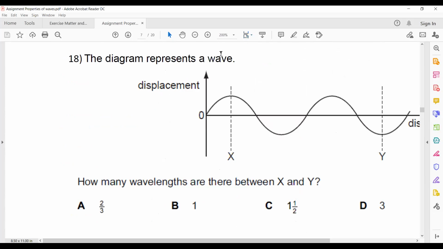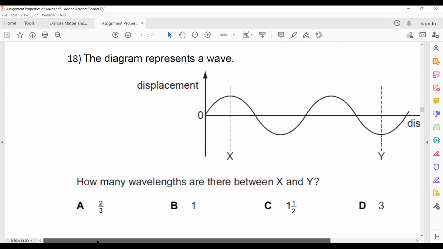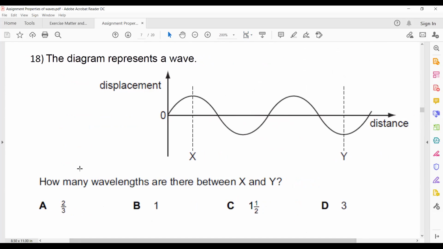Question 18. How many wavelengths are there between X and Y?